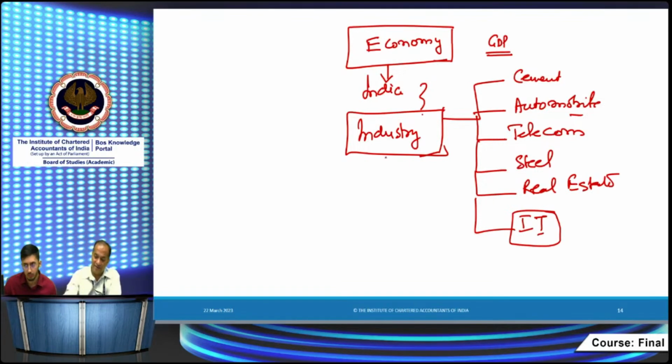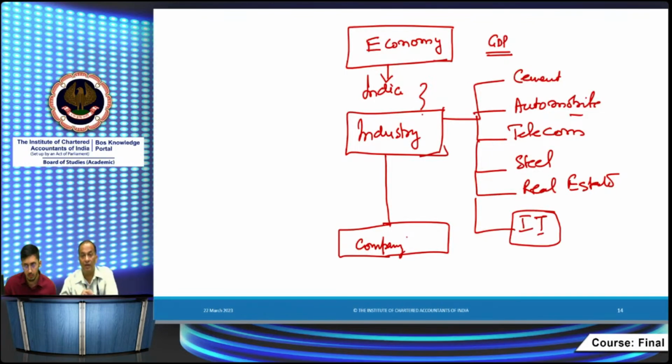Now the question arises, when they go for IT, since there are many companies here, they carry out the company analysis. At that time, major companies were Infosys, TCS, and Wipro.